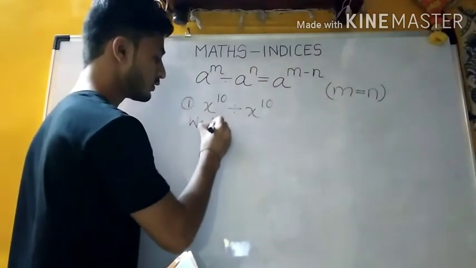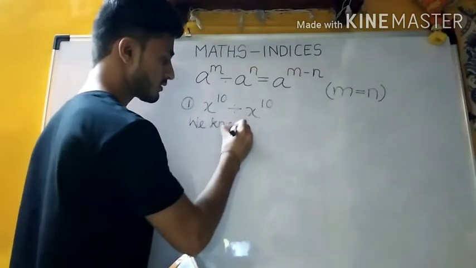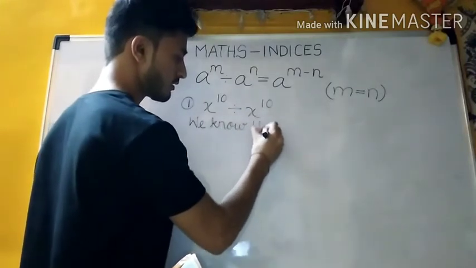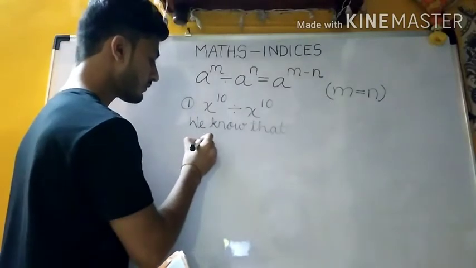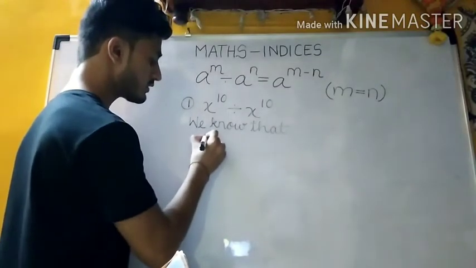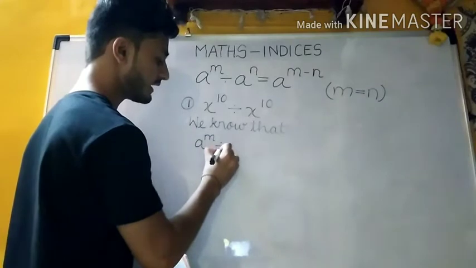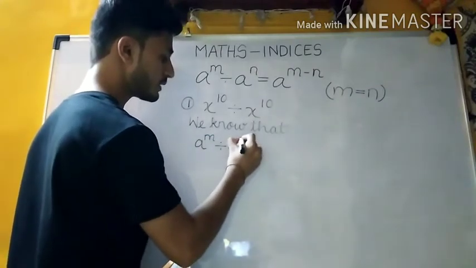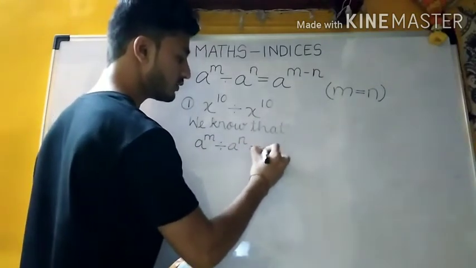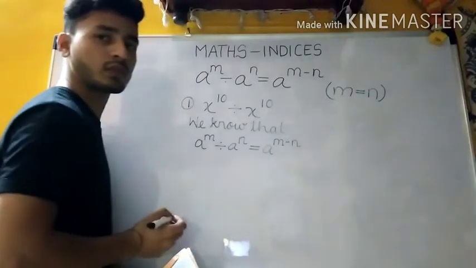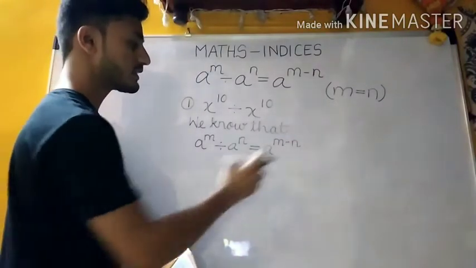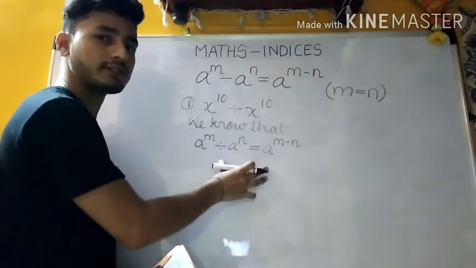We know that A raised to the power m divided by A raised to the power n is equal to A raised to the power m minus n. This is the formula which we require.